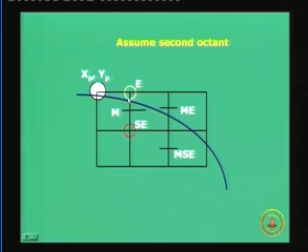If M is below the circumference of this line, in this case it is a curve, but I will call it a line. So, do not confuse, it is not a straight line, but it is an arc, but I will use the word arc and line interchangeably.